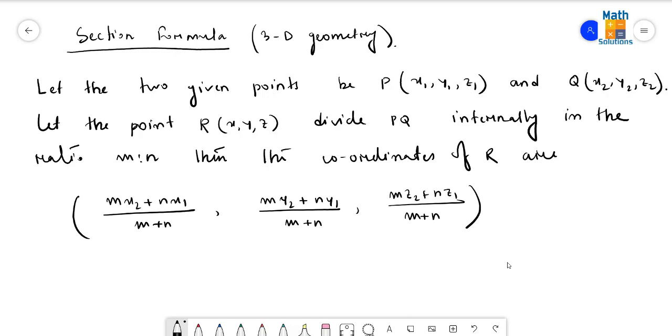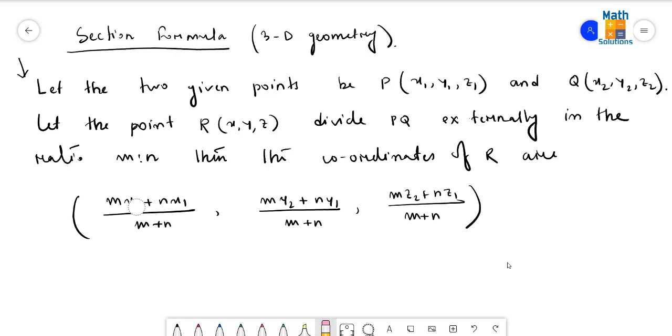Similarly, if we take the same points for external division, if we use the same statement for external division, then it will be like this. Suppose I change this internally term to externally, in the ratio m:n, then there will be some changes in this expression.